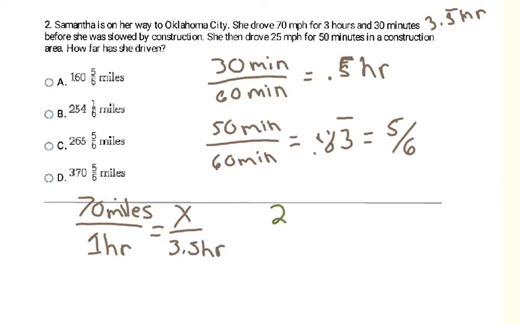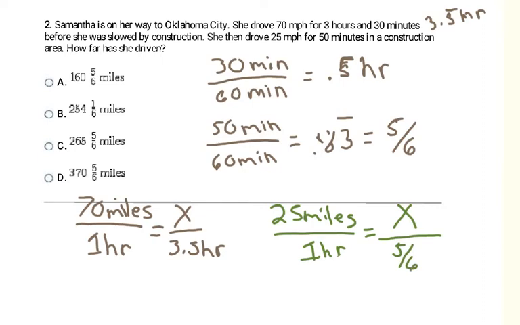In this one we know that she's driving 25 miles in 1 hour. And I want to know how far she's driving, so I'm going to put x on the top because that's where my miles are. If you're using a calculator with a fraction button, I would go ahead and keep it 5/6. If not, you can use the 0.83 repeating here.